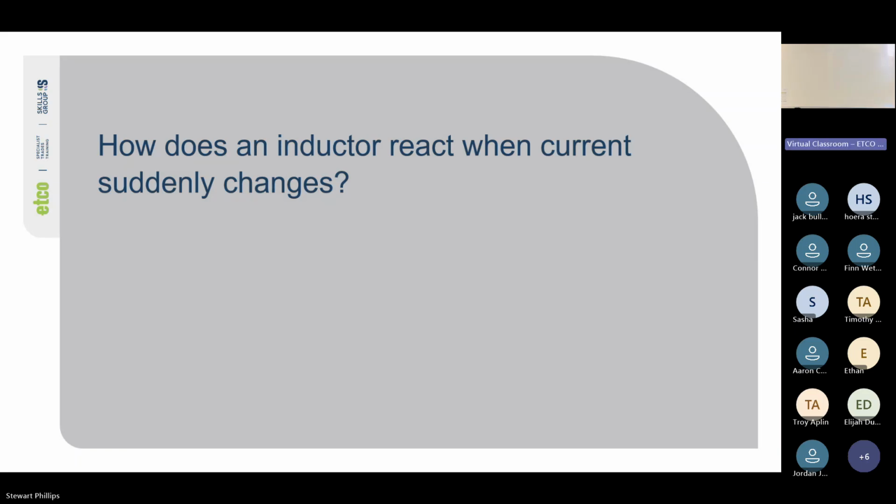Yep, self-induction is part of it. When we talk about reluctance, that's more about the reluctance of a material to become magnetized.